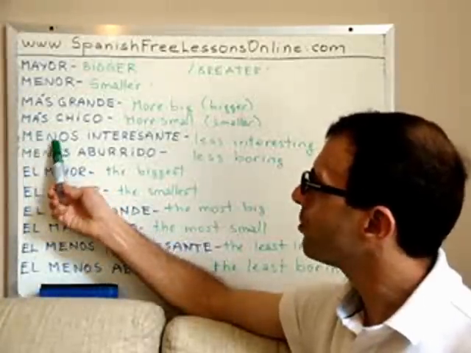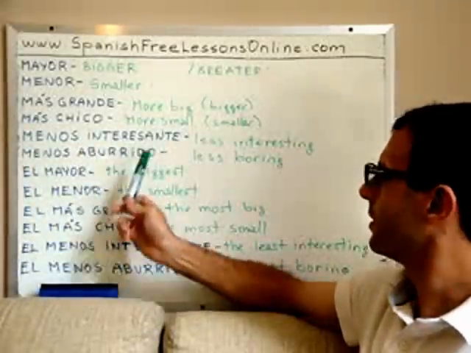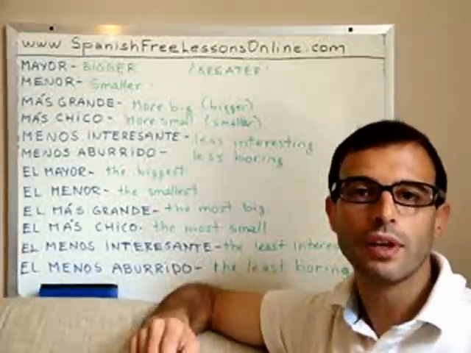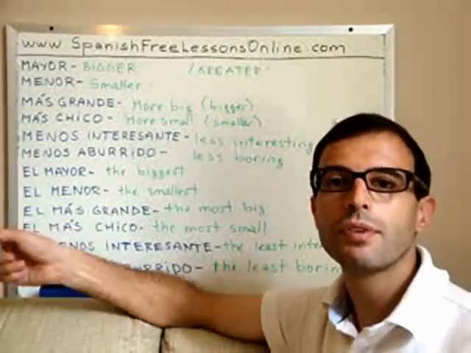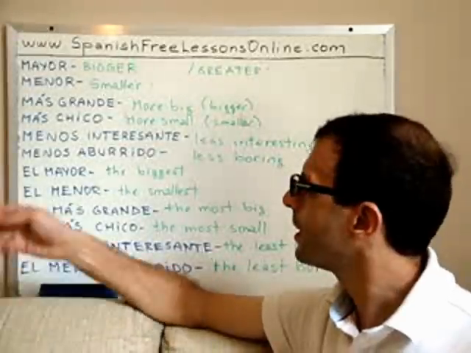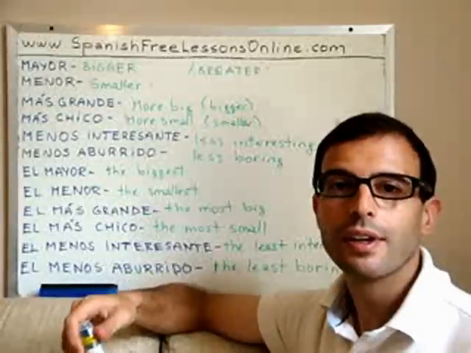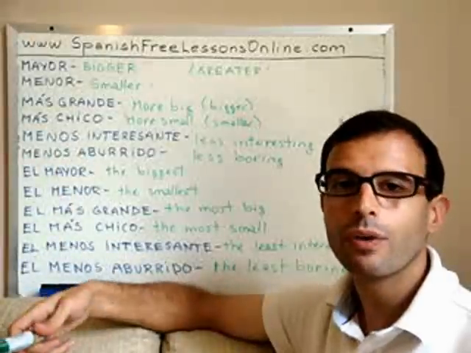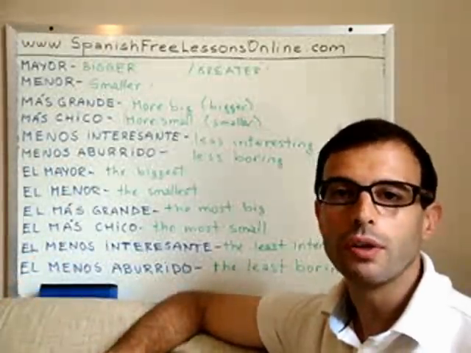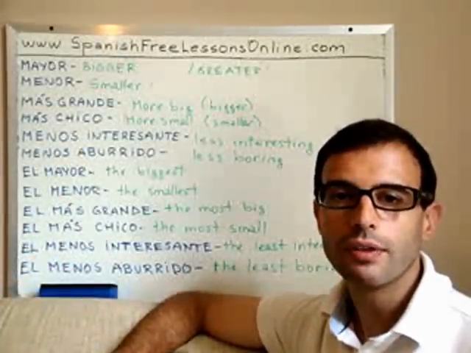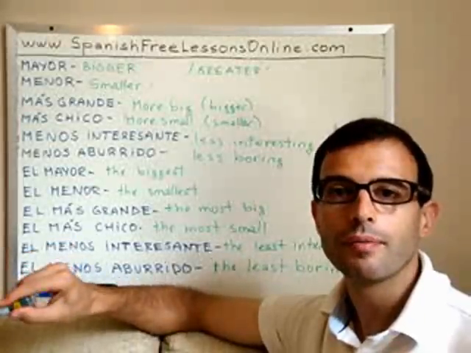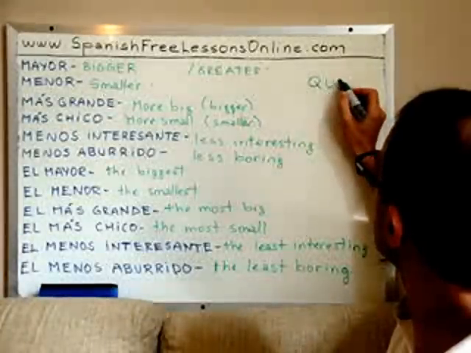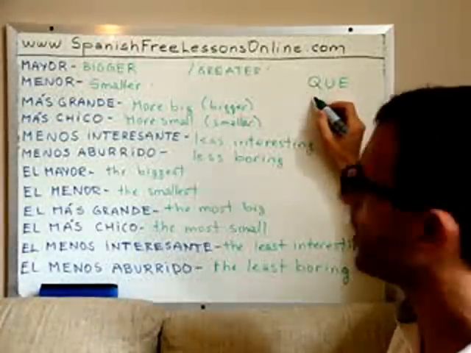So, menos interesante, less interesting. For example, we would say, this lesson is less interesting than playing, right? I would say, esta clase es menos interesante que jugar. Always when we compare things, we need to use the word que, right? Que would be the equivalent to the word than, right, in English.